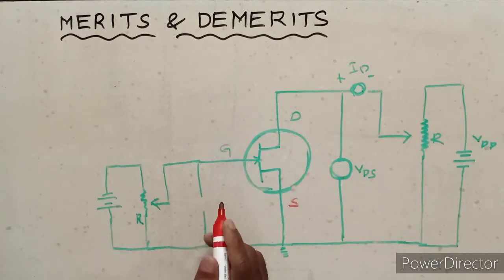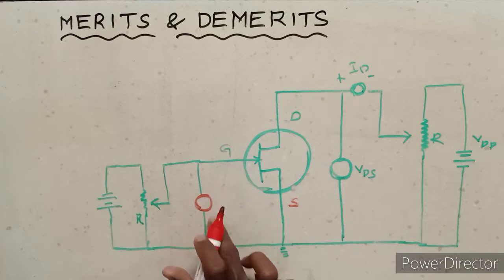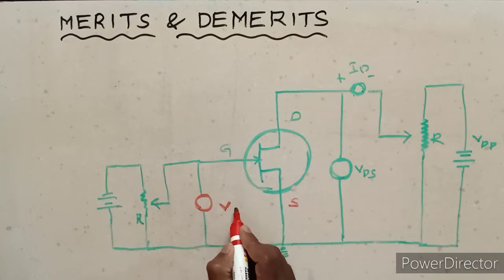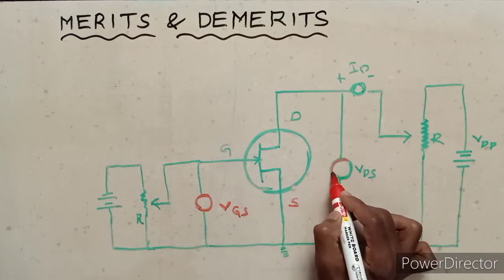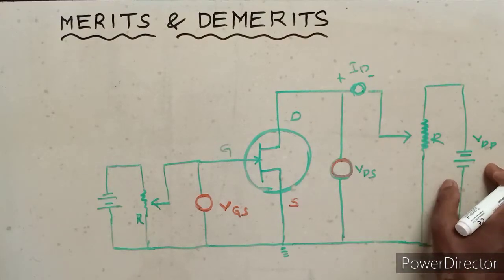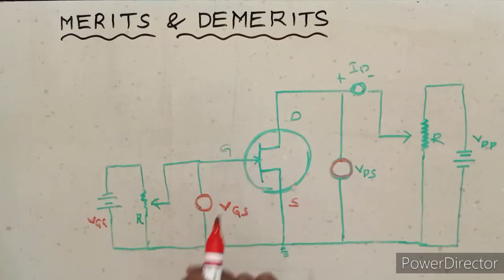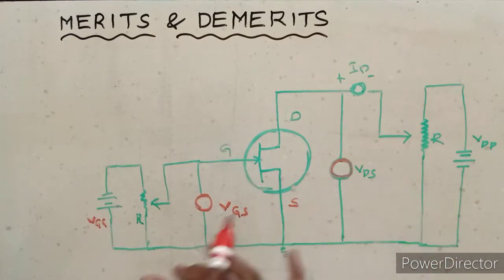This is also the voltage between gate and source. This is the voltage between drain and source. This is the drain current. This is the battery of the drain current, and this is the battery of the gate current. This is the circuit diagram.